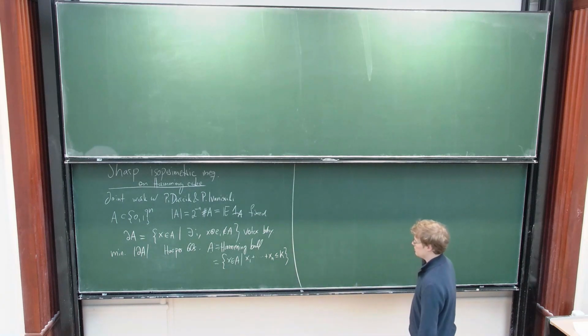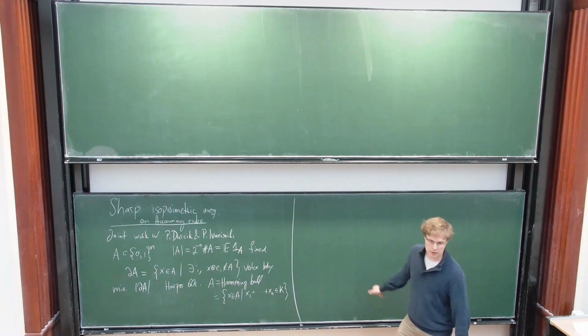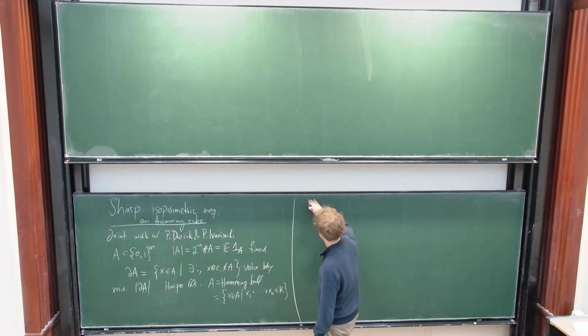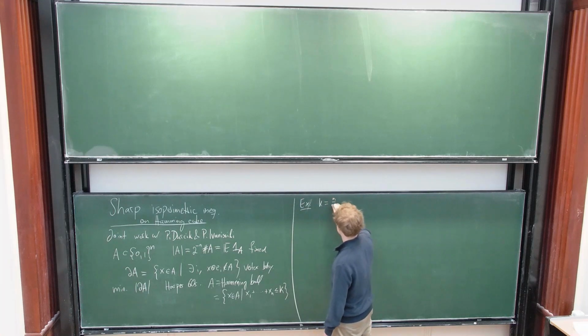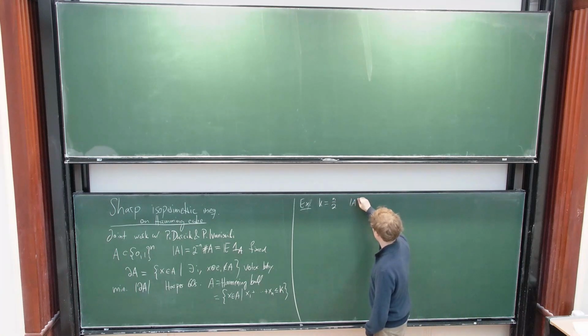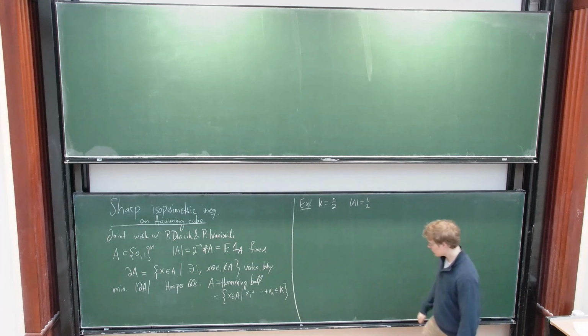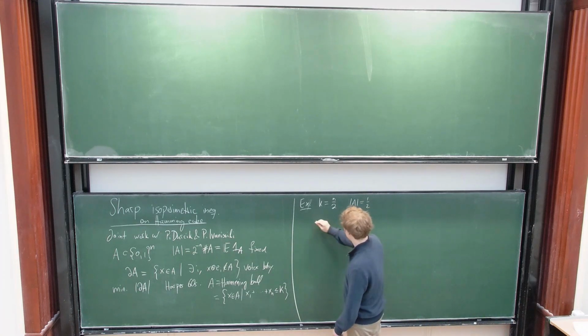So let's do a quick computation, or rather I'm going to pretend like I'm doing a computation. Let's take K to be n divided by 2. Let's say n is even. The volume of A is 1/2. What is the volume of the boundary?